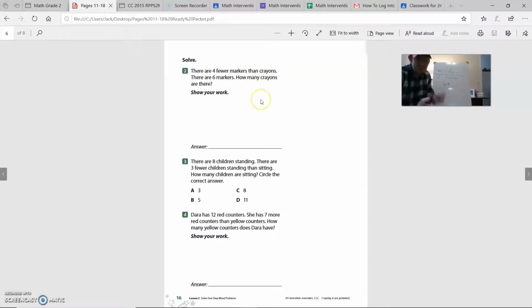I know it's a little confusing, but think about it. They're backwards. If I have less of one thing, that means I have to have more of the other thing. So I have 4 fewer markers means I have 4 more crayons.